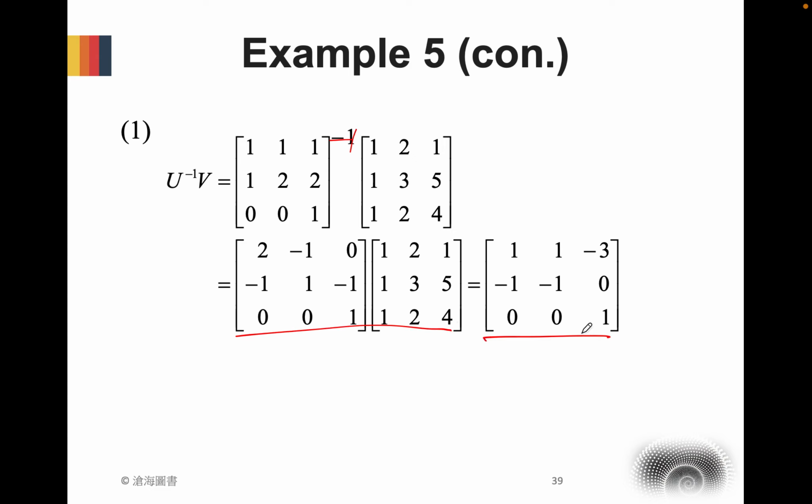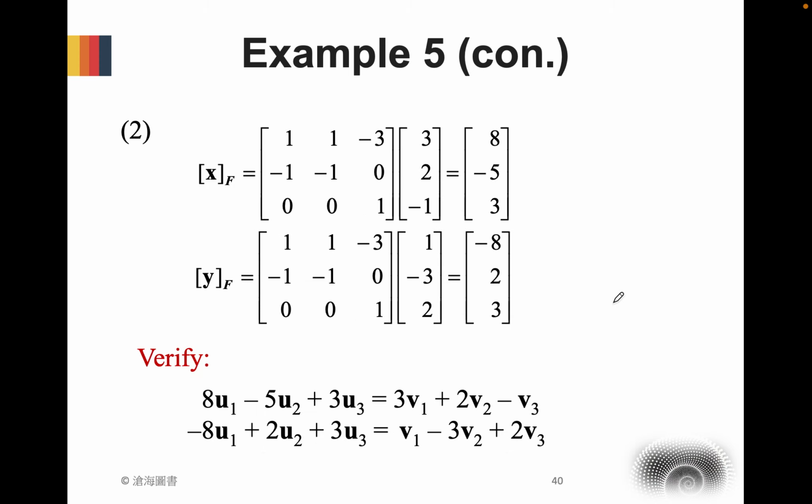Finally, we get the matrix S looking like this. When we want to find the coordinate vector of X with respect to F, we just pre-multiply 3, 2, -1 with the matrix S so that we can get 8, -5, 3.